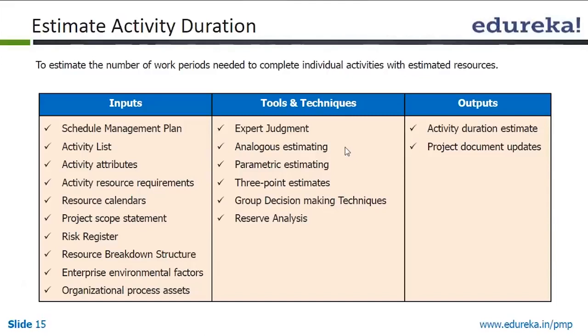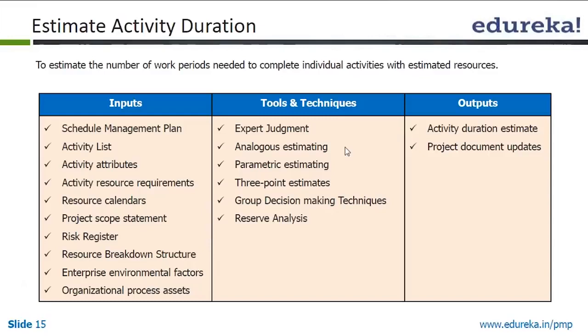Then we use parametric estimation, where along with historical data we also use some kind of formula. For example, the current project is similar to the previous one but slightly more difficult, so you add 25% to the previous project estimate and use that as your estimate for the new project. That becomes your parametric estimate.